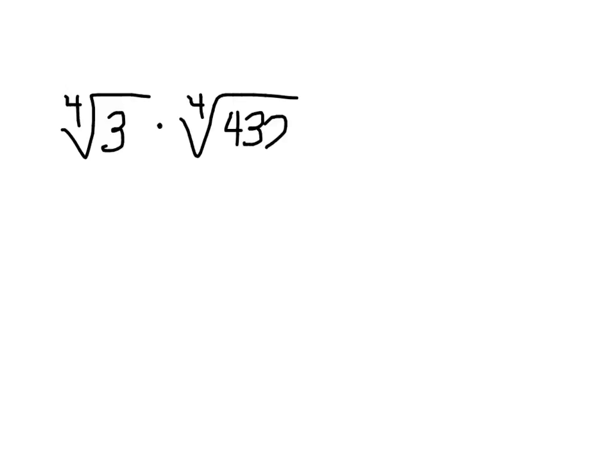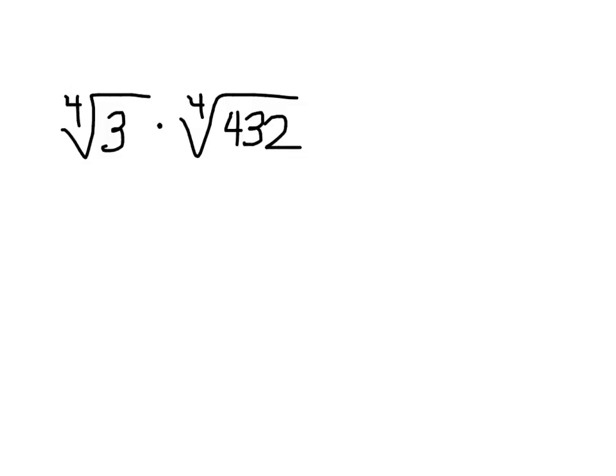Number 7 has the 4th root of 3 times the 4th root of 432. Now, what do you do when you're multiplying? What can you do with the pieces? No, not add them. That's what you're confusing with that, Nick, is if they're the same base, then you add exponents.